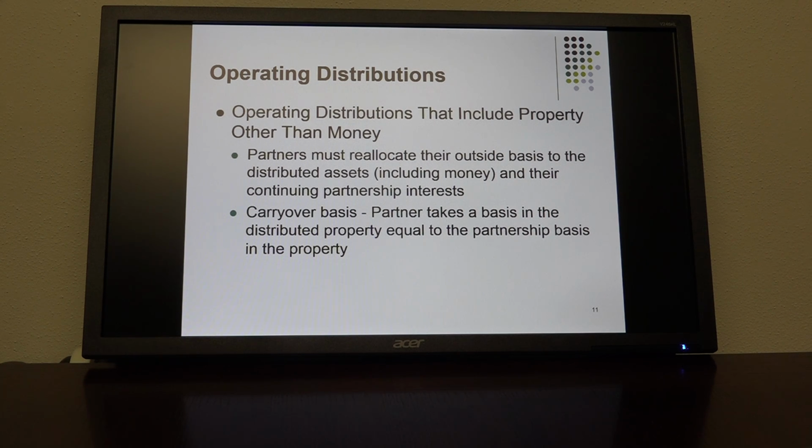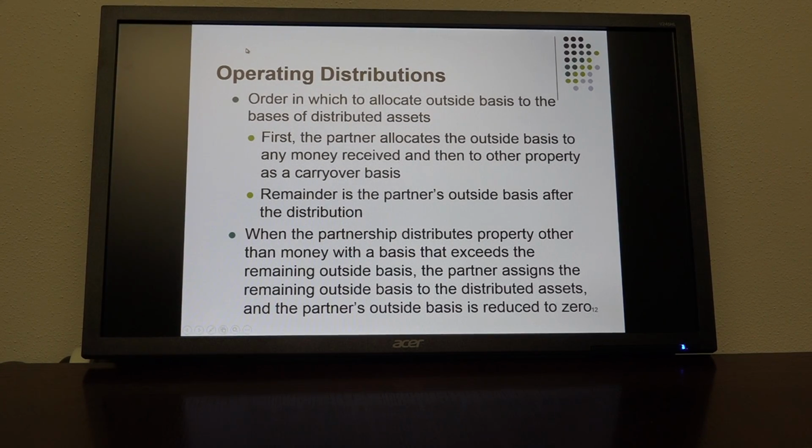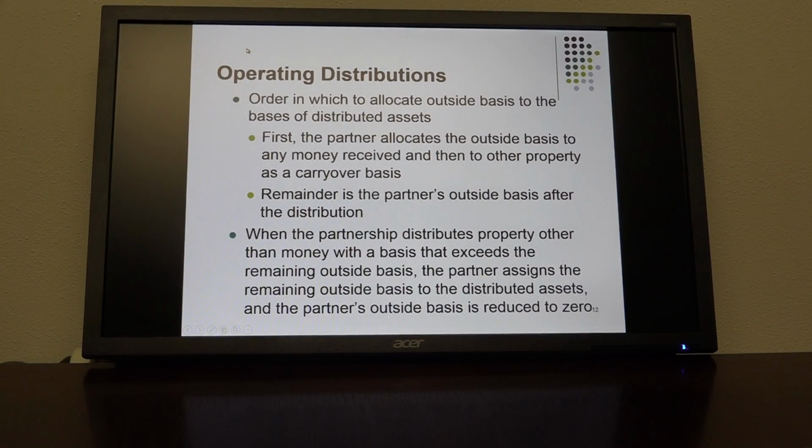The partner takes a basis in the distributed property equal to the partnership basis in the property where possible, assuming they have enough outside basis. And so you go through this ordering process to allocate outside basis to the bases of the distributed assets.